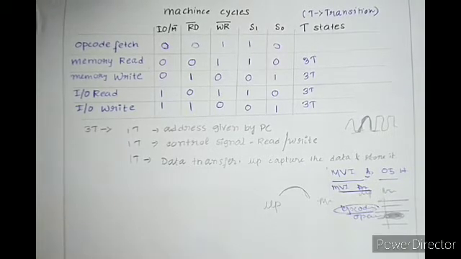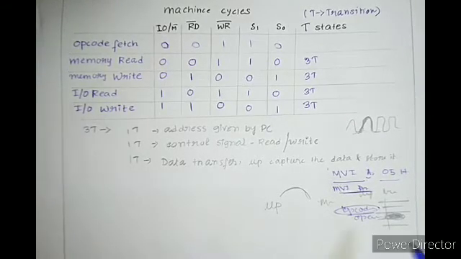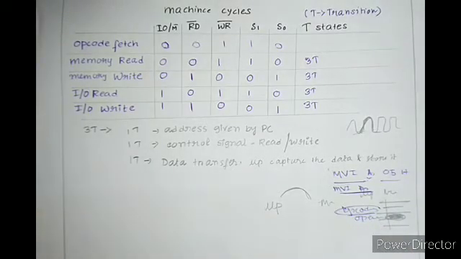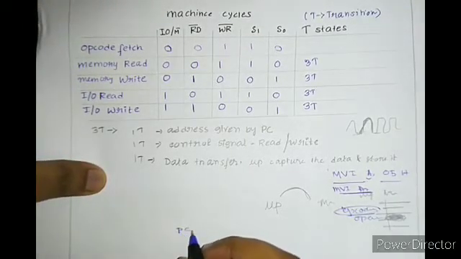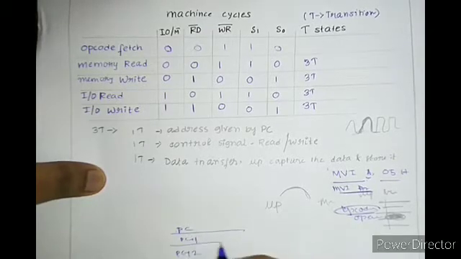What is that? Okay, let's say this example I have taken. For opcode fetch, probably I have the opcode of MVI register, it's 3A. So this is your PC, PC plus 1, PC plus 2.